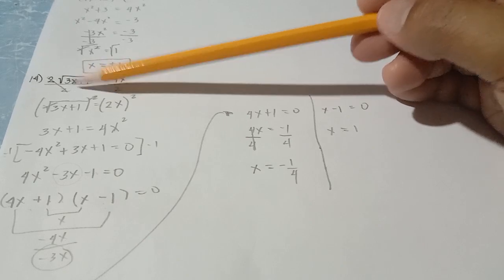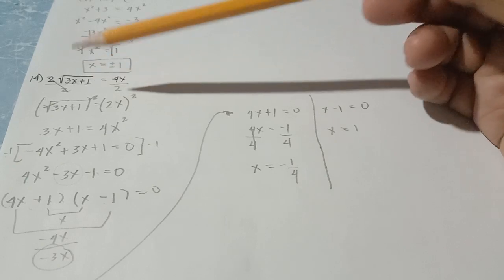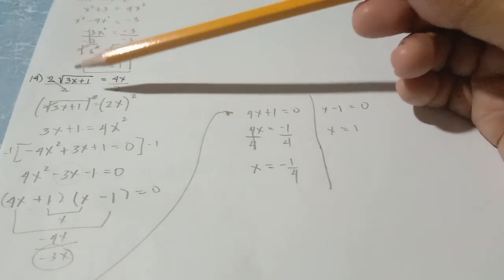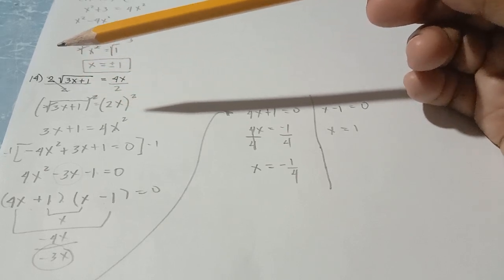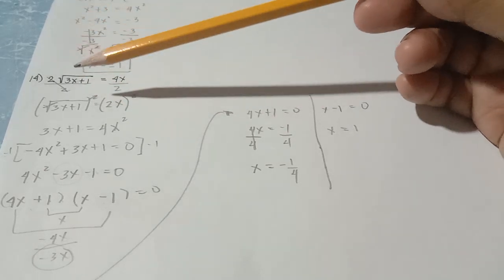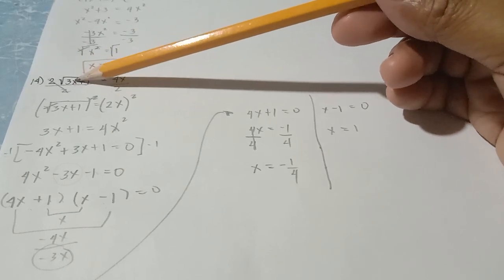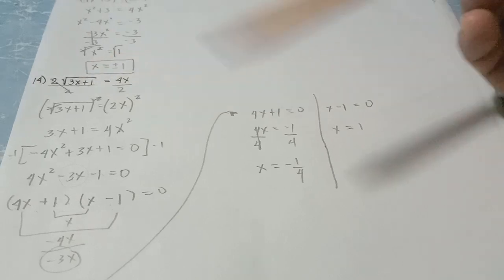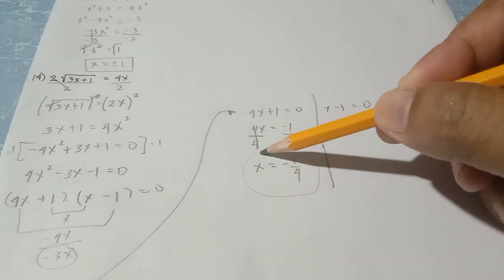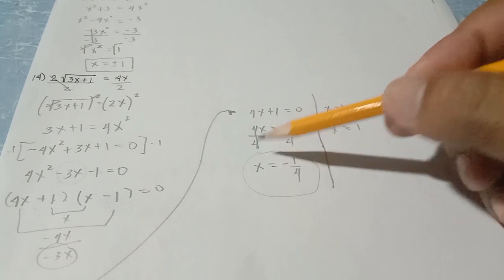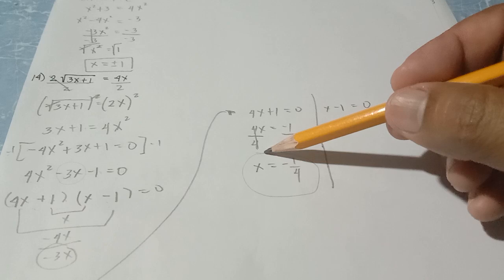So, not real, kasi negative yung nasa loob. Anong tawag dun? Discriminant, yung nasa loob ng radical sign ng quadratic equation. So magkakaroon ito ng negative. Ibig sabihin hindi siya kasama sa solution, kasi ang sinasabi sa atin ay dapat yung solution lang.